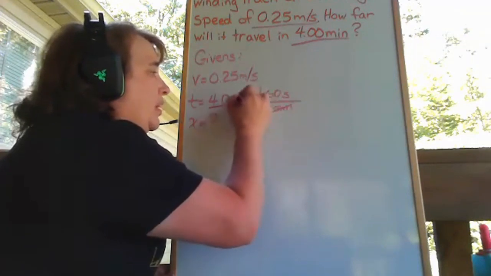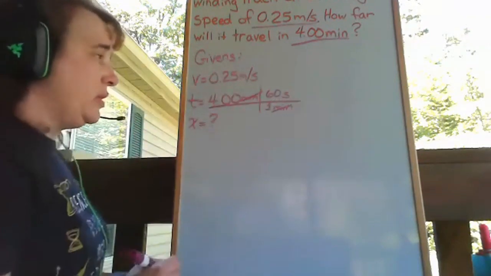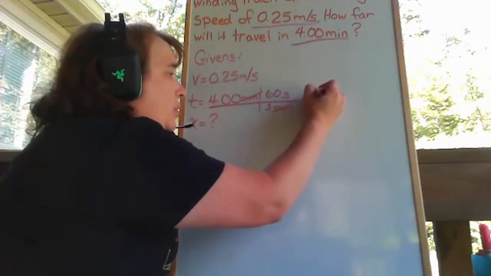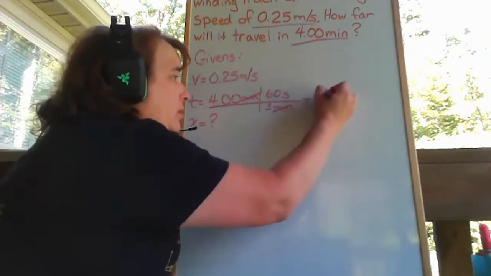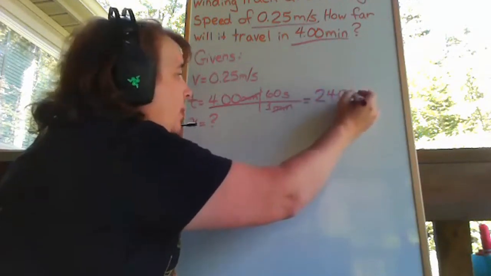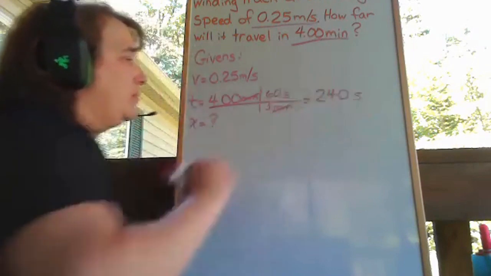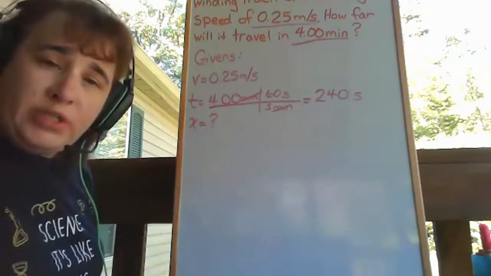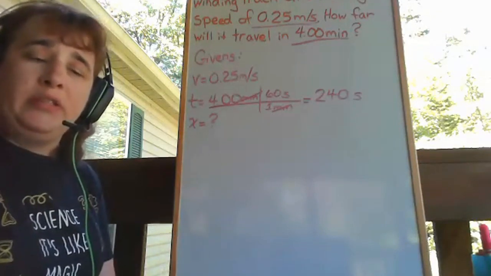Okay, so the minutes cancel out, and 4 times 60 gives me 240 seconds, right?